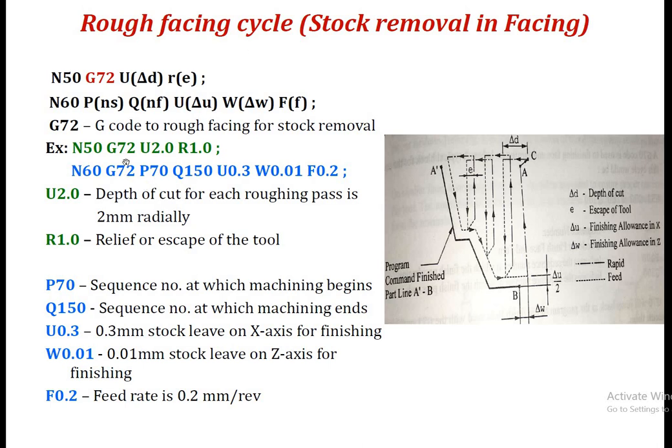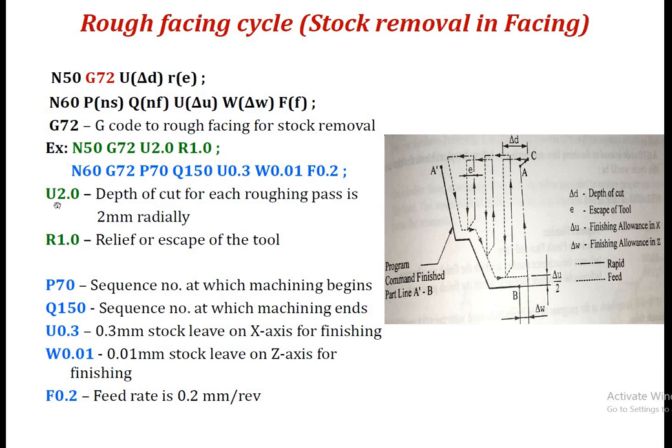Now we'll try to understand how to write this cycle in these two blocks. In the first block, I have chosen N50, that is sequence number 50, G72, that is the rough facing cycle. U2.0: the U indicates the depth of cut for each roughing pass.